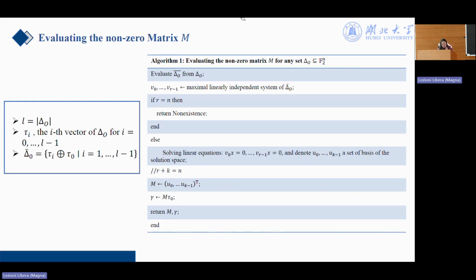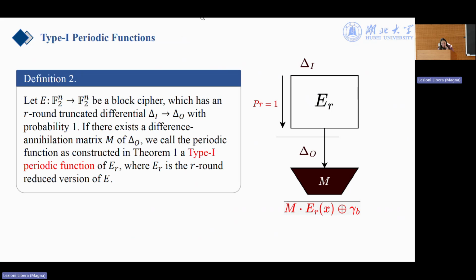And we give the order to evaluate the difference and elimination matrix for any set. So we also call the practical function as constructed in theorem 1 a type 1 practical function, just as these figures show directly.